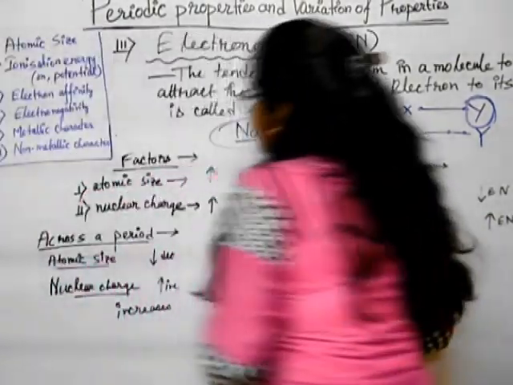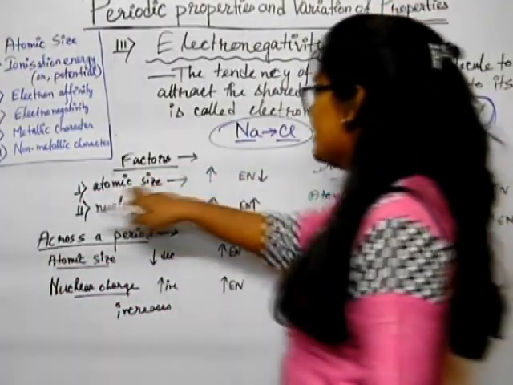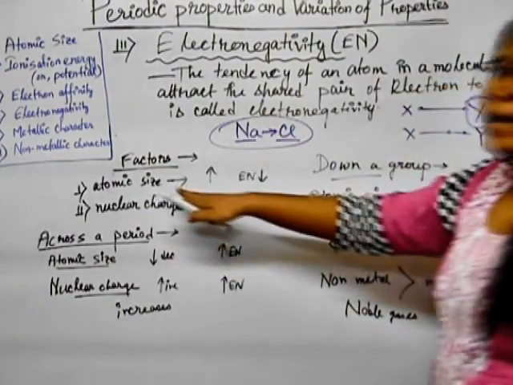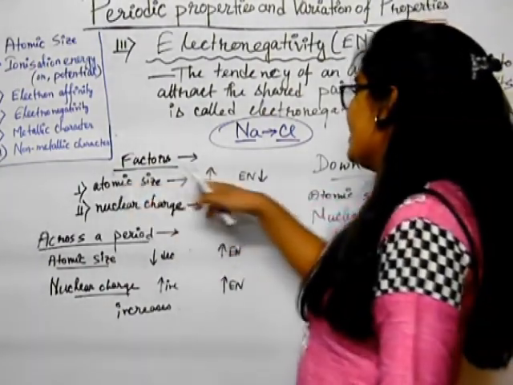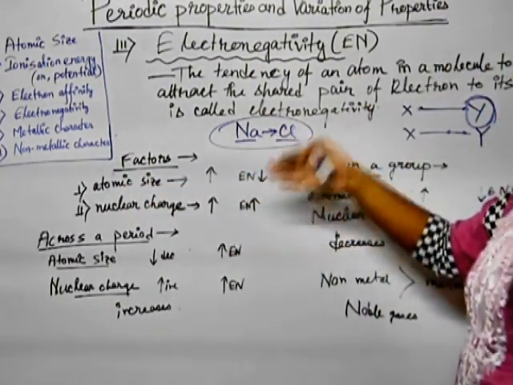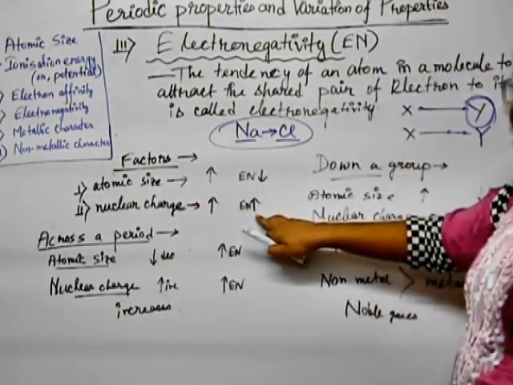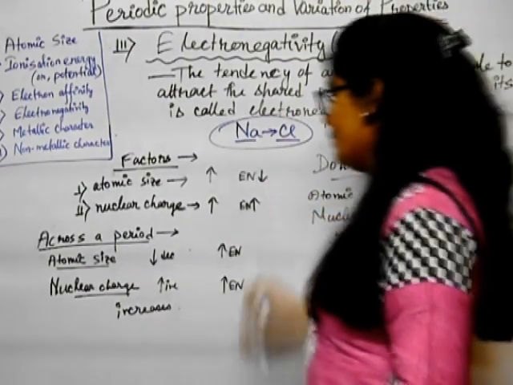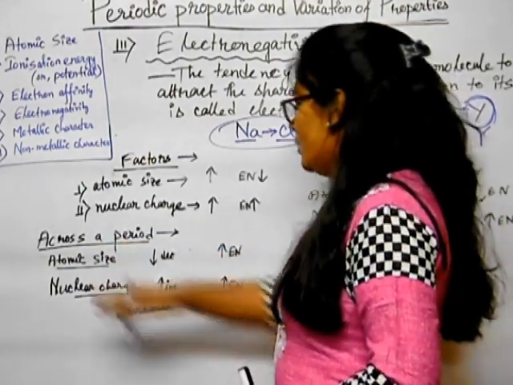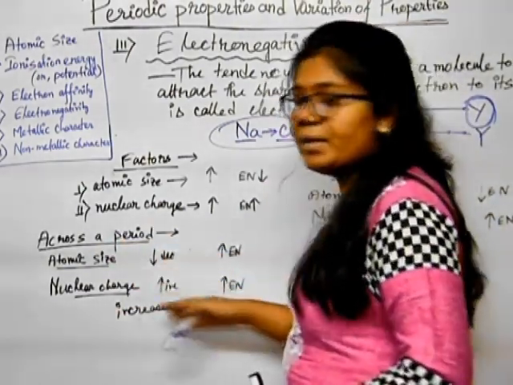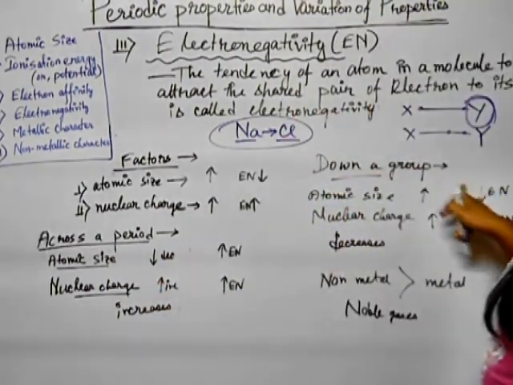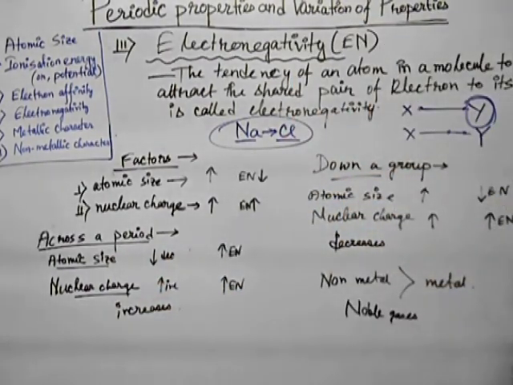The factors here are atomic size and nuclear charge. Like previously, if atomic size increases, electronegativity will decrease, and if nuclear charge increases, then electronegativity will also increase. Across a period, overall electronegativity increases, and down a group, overall the electronegativity will decrease.